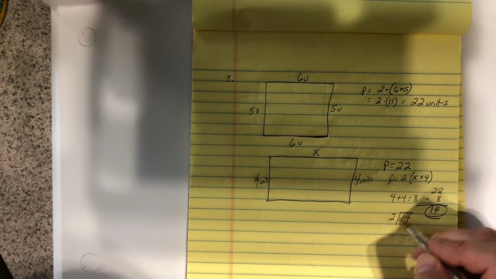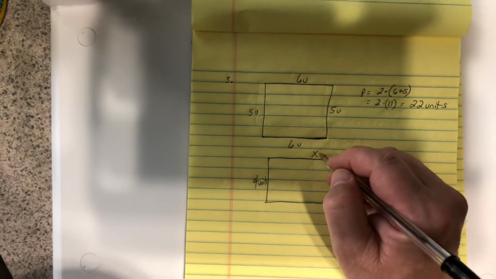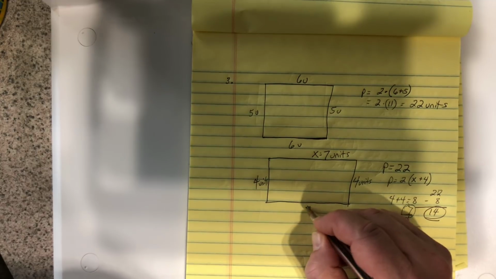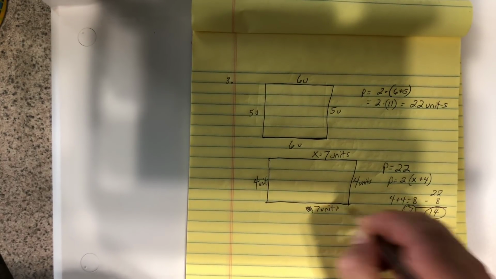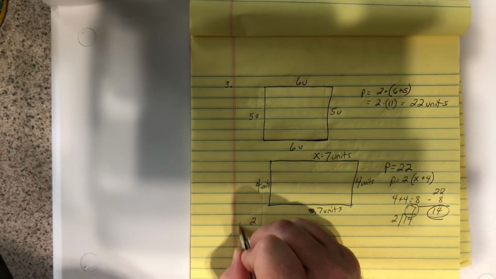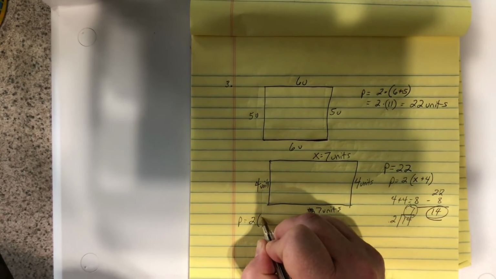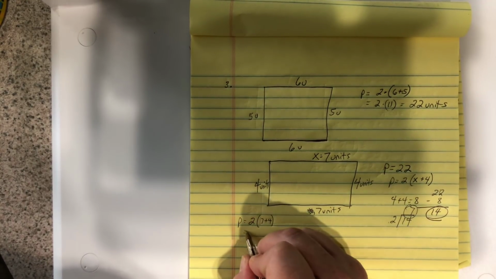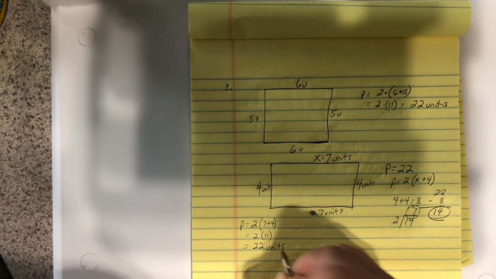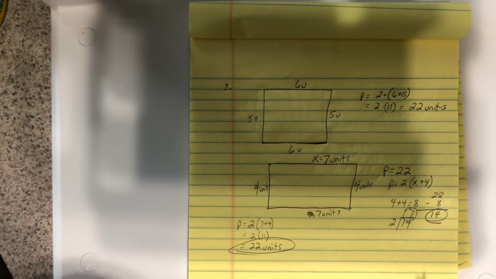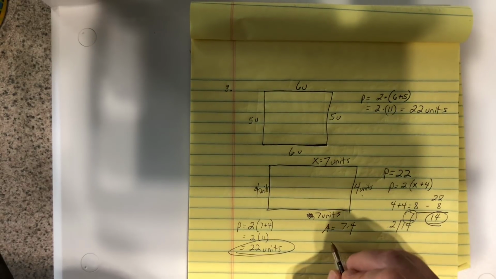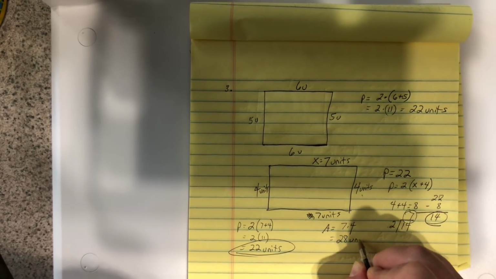What times 2 is 14? 7. So x equals 7 units. And then we can check that with our formula. Perimeter equals 2 times 7 plus 4 equals 2 times 11 equals 22 units. Okay? And then area equals 7 times 4. Length times width, and that's 28 square units.